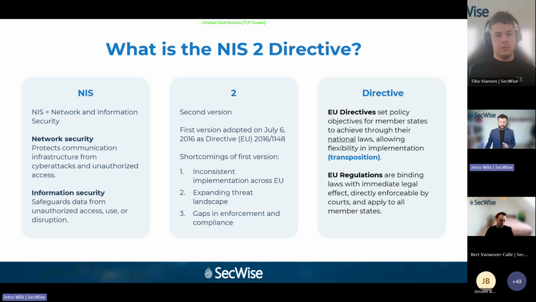NIS2 directive. So number one, NIS stands for Network and Information Security. So it's all about protecting network and communication infrastructure. And it's also all about information security. Right? And if you read on information security, it's always the CIA: the confidentiality, the integrity, and the availability of information.